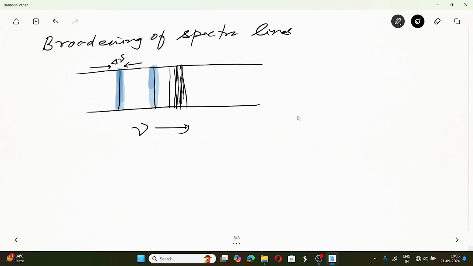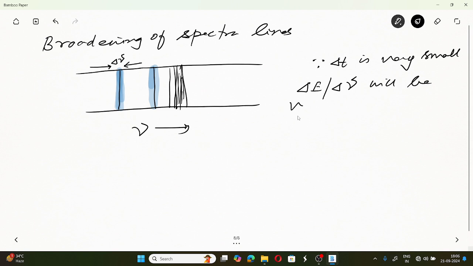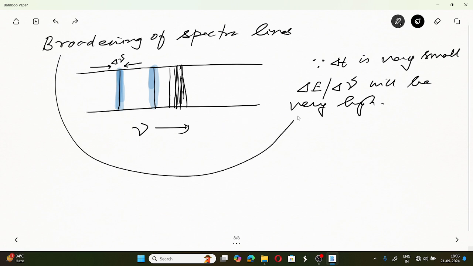Now, why is there uncertainty in the determination of frequency? Since delta t is very small, delta E or delta nu will be very high, and that is why broadening of the spectral lines occurs.